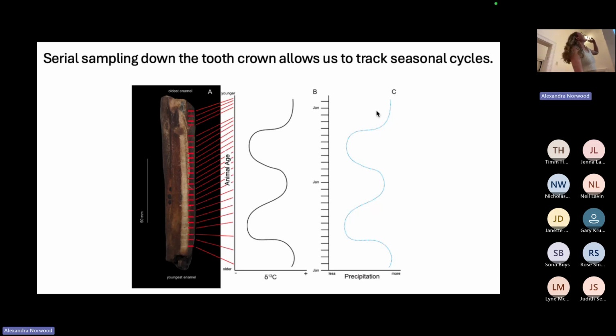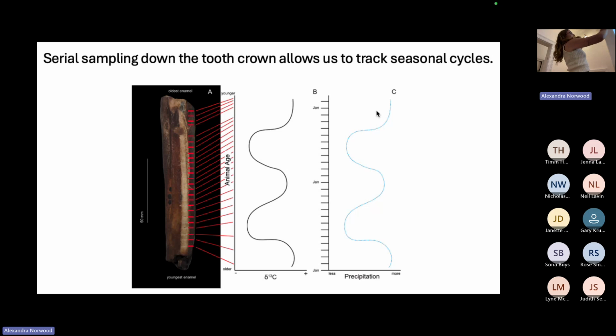But we can look at a tooth like this. This is from the archaeological site Boomplaats, if people have heard of that site. And we can look at the enamel's isotopic composition at various points down the length of that tooth, sampling different layers to reconstruct through time fluctuations in diet, and then extrapolate that into changes in environmental condition.